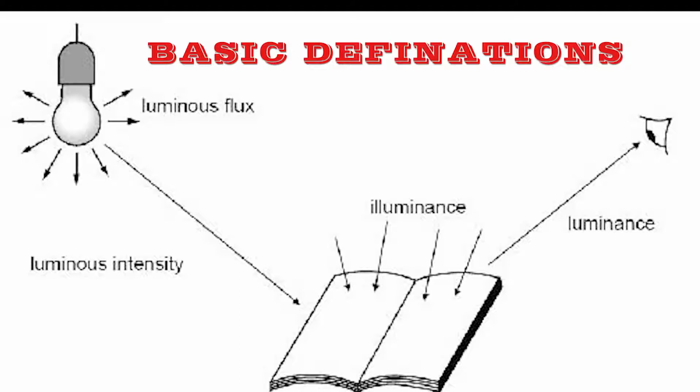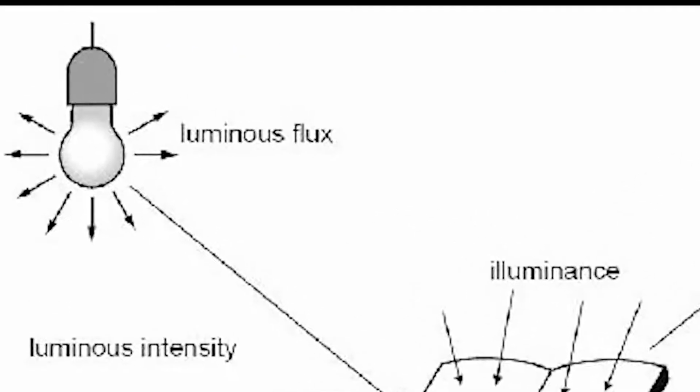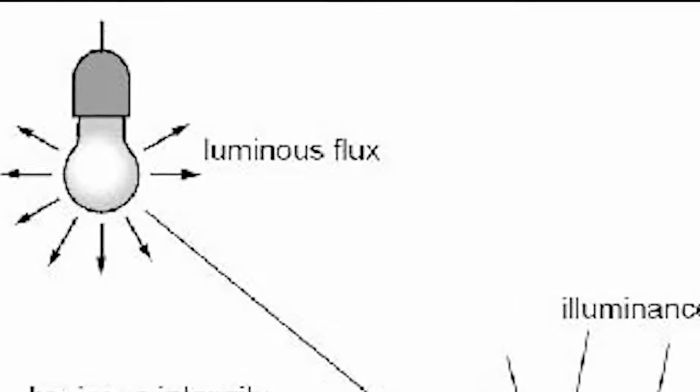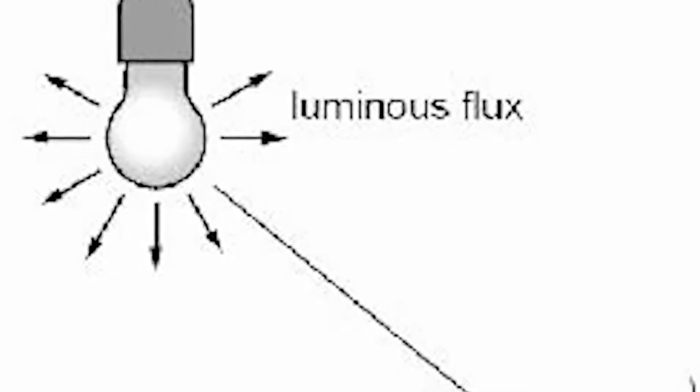As shown, we have the luminous flux, the luminous intensity, illuminance, and luminance. Luminous flux simply means the amount of light from the luminaire. It is measured in lumen, while the luminous intensity is the amount of light from the luminaire in a given direction.